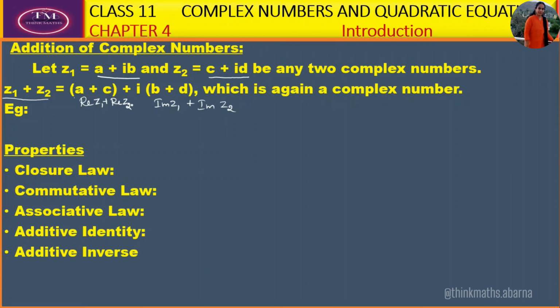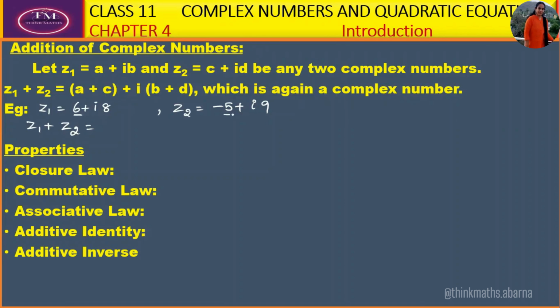Okay, children. Let us take an example. Z1 equal to 6 plus i8 and Z2 equal to minus 5 plus i9. What is Z1 plus Z2? First we have to add the real parts. The real part is 6 here, minus 5 here.